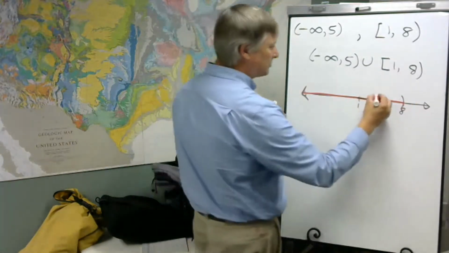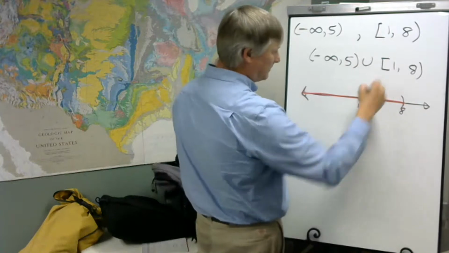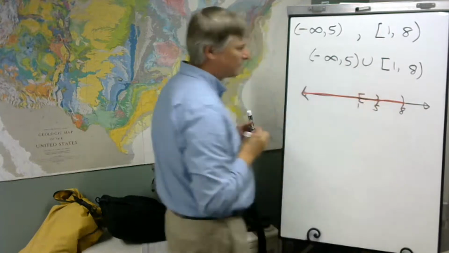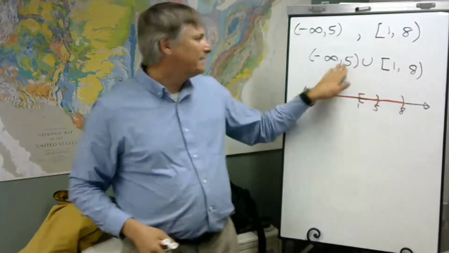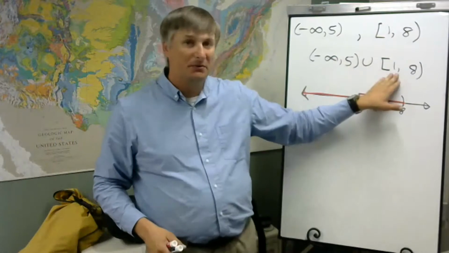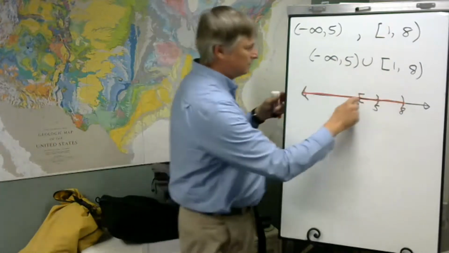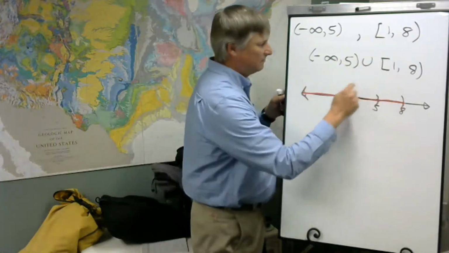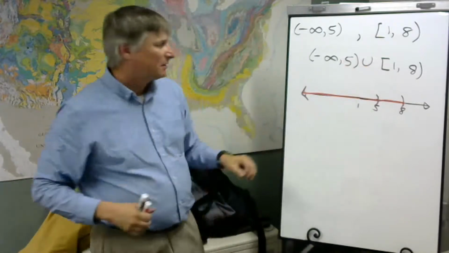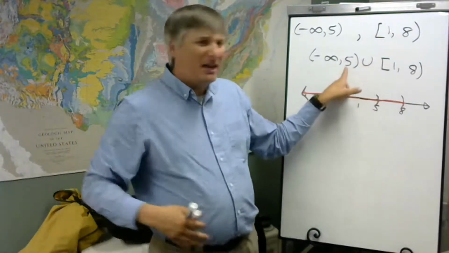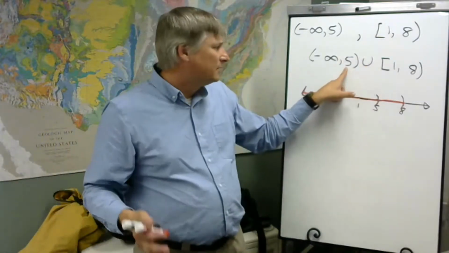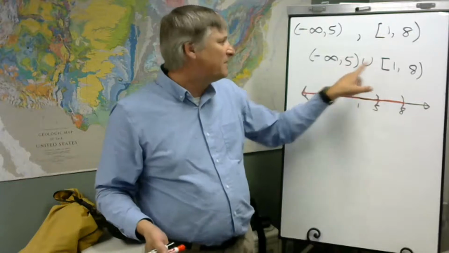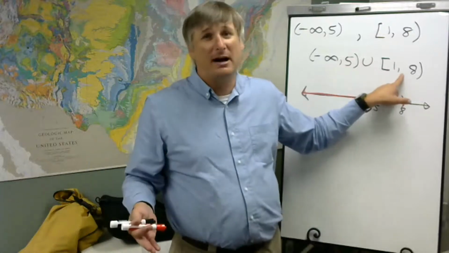Now, in this other one, we excluded 5. And for this one, we included 1. Now, 1 is in this set, as it is here. So I don't need to mention this. It's already there. Now, this set excludes 5. So it looks like we're not going to be able to have 5, but this set contains 5.